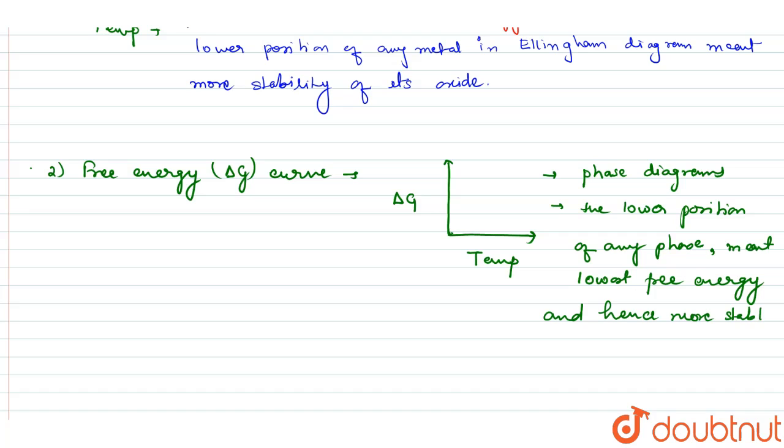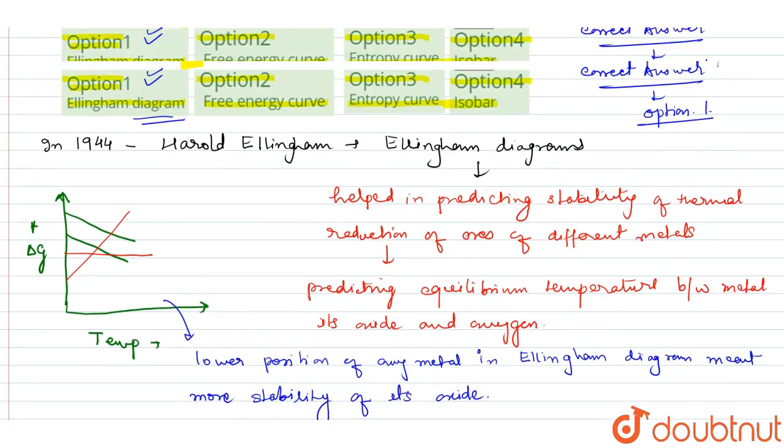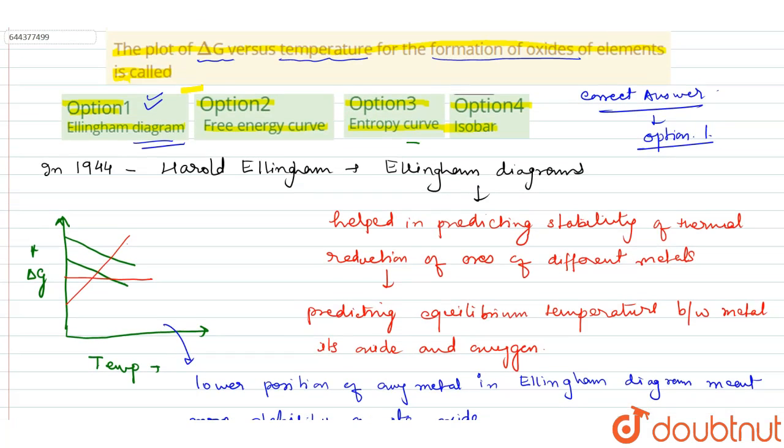So this is the use of free energy curve. This was the second option. Third option was entropy curve.